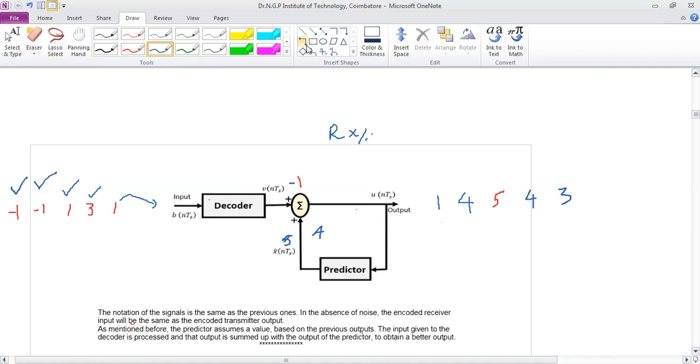So my output will be here. The first sample you plot on this side, 1. Next will be 4. After that we have 5. Then again there is a 4 and then 3.